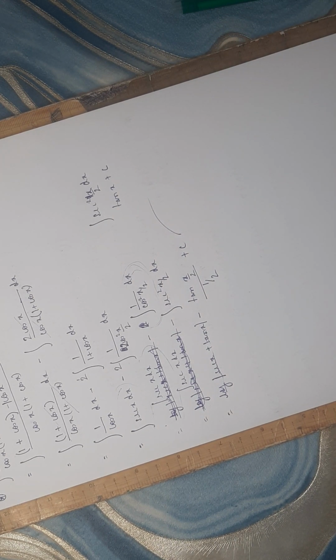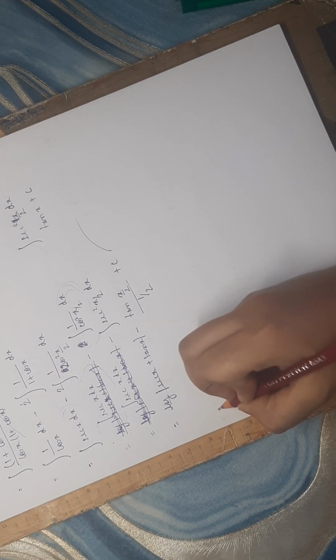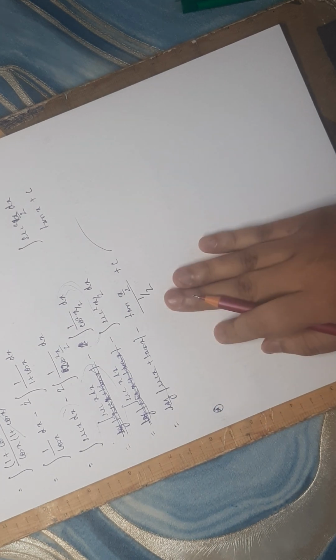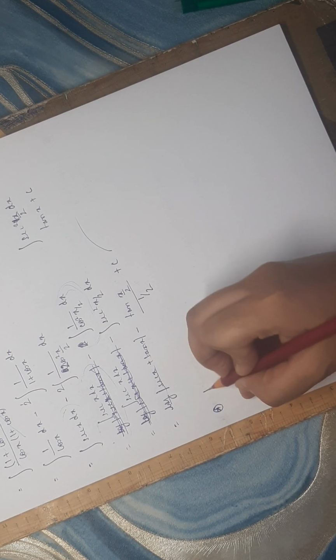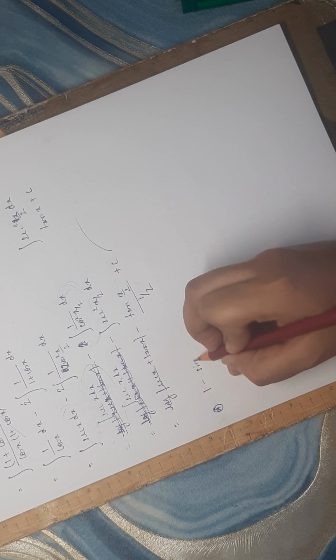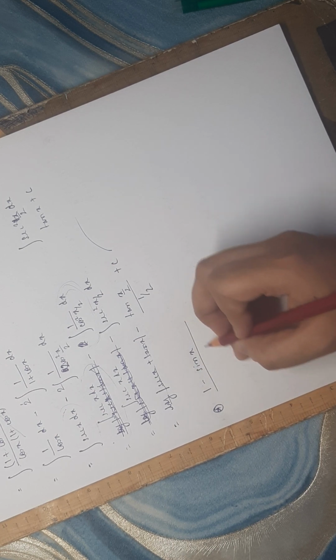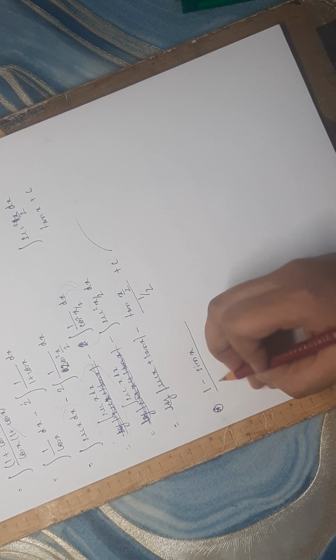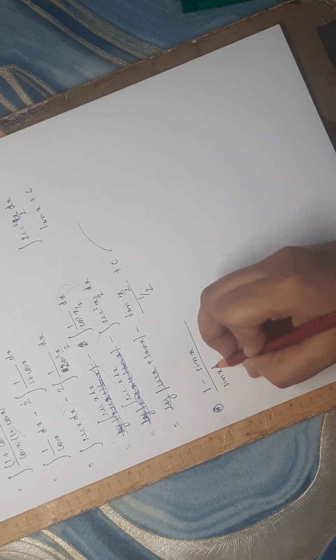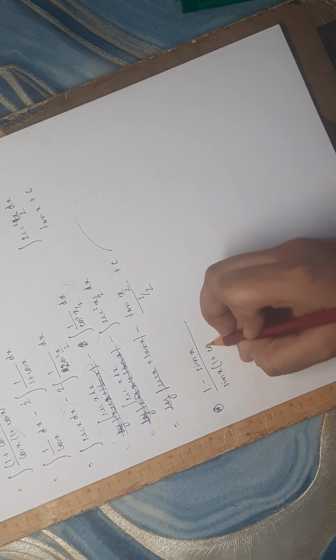And I want you to do another problem by yourself as your assignment, and this is also a similar kind of problem. This is why I want you to practice it. The pattern is exactly the same, the only difference being that you have a sin x here instead of a cos x.